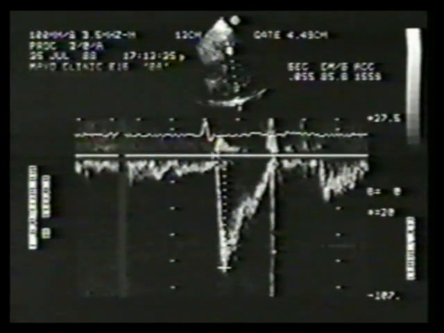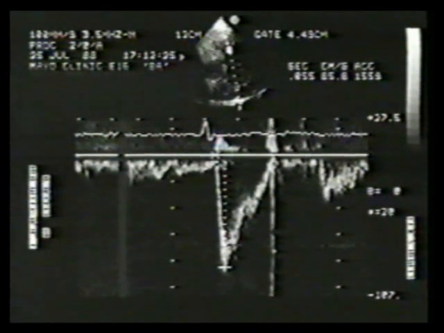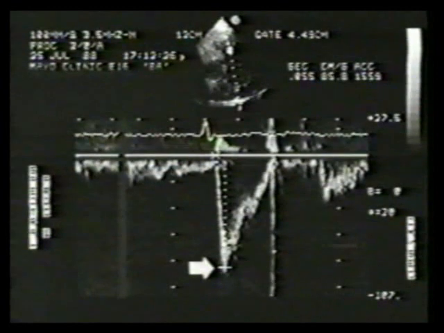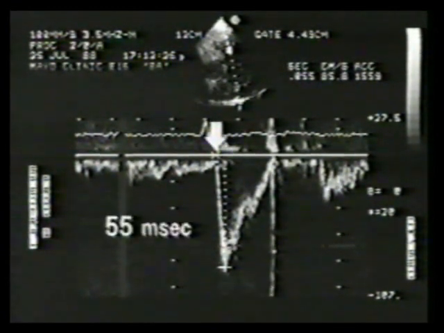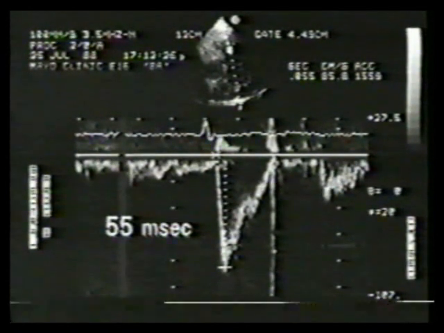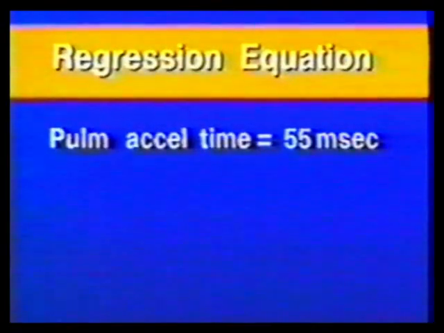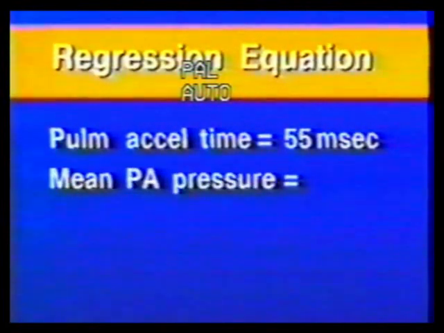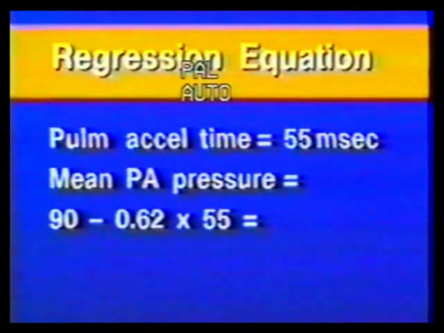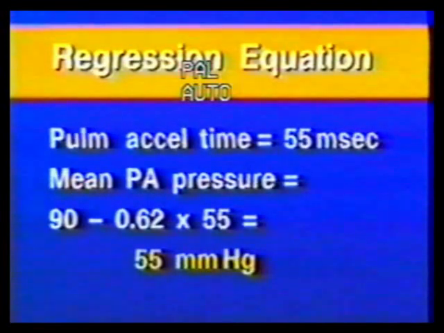The pulmonary acceleration time is measured by placing one cursor at the onset of flow and one at peak flow. In this case, the acceleration time is 55 milliseconds. Utilizing the previously mentioned regression equation, her mean pulmonary artery pressure is 90 minus 0.62 times 55 milliseconds, which is 55 millimeters of mercury.